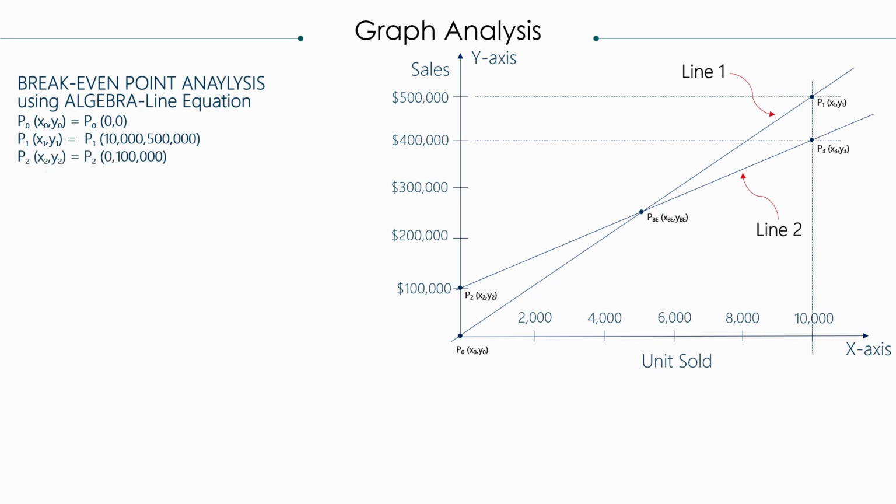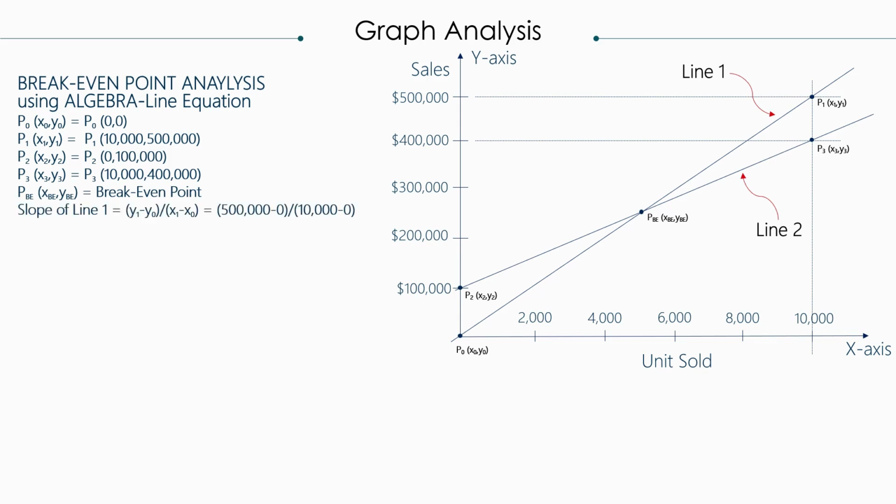The P2 is located in the vertical axis, where 0 and 100,000. The P3 is located at 10,000 units sold and 400,000 sales. So we are going to find the break-even point, or the point BE.